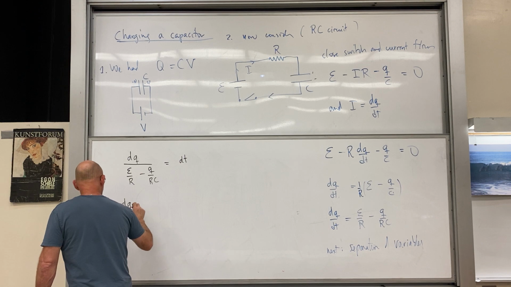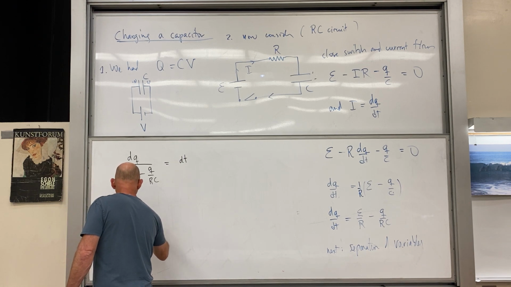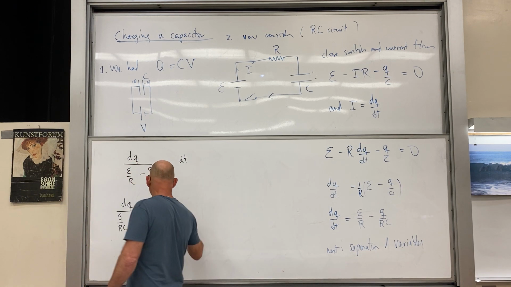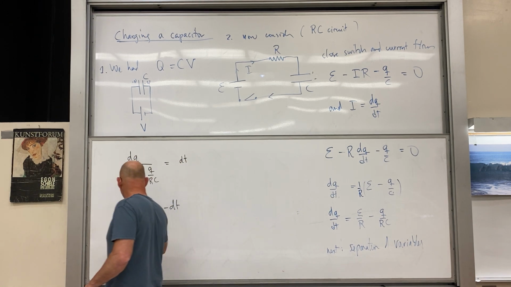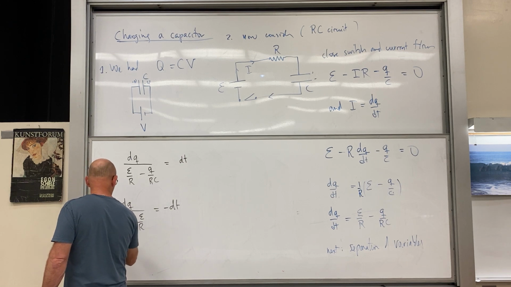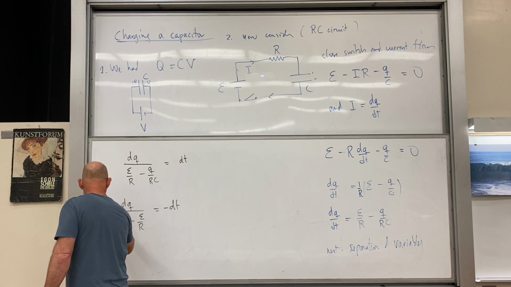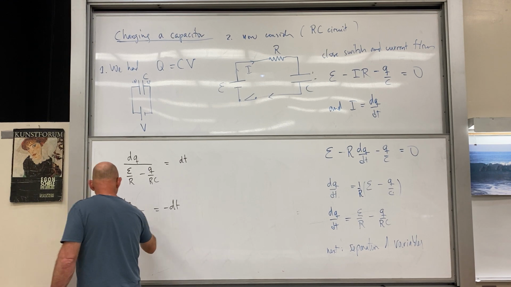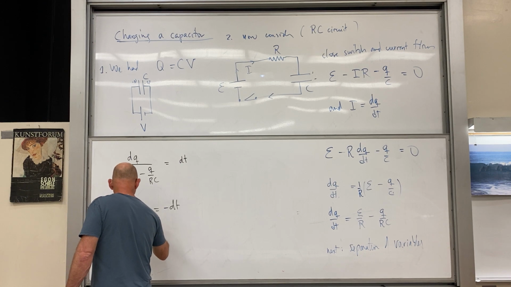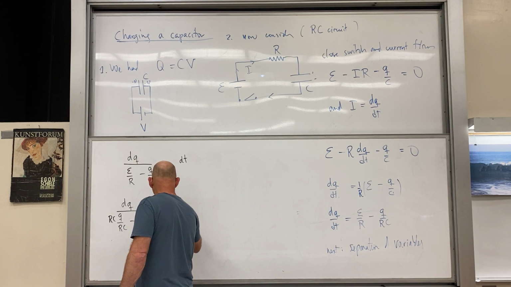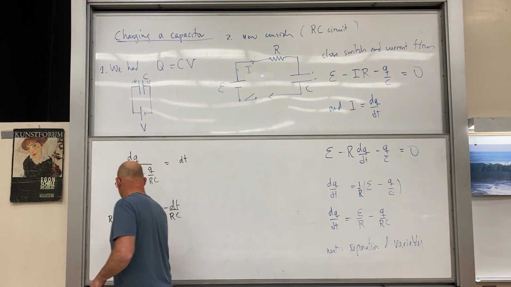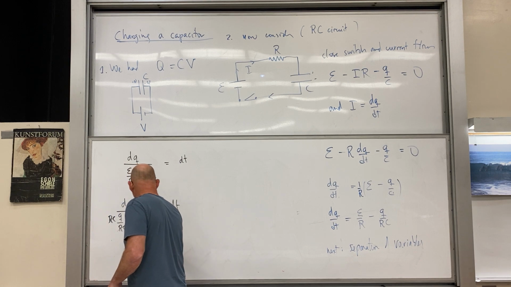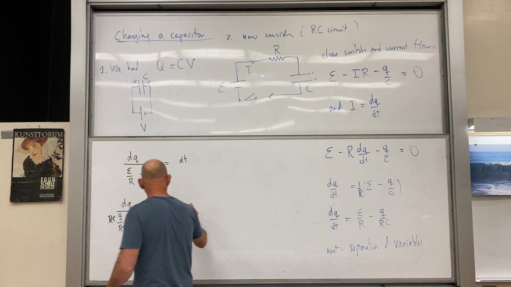And I'm going to multiply both sides by RC, R times C. So I can do that, we're going to cancel there, that's going to cancel.